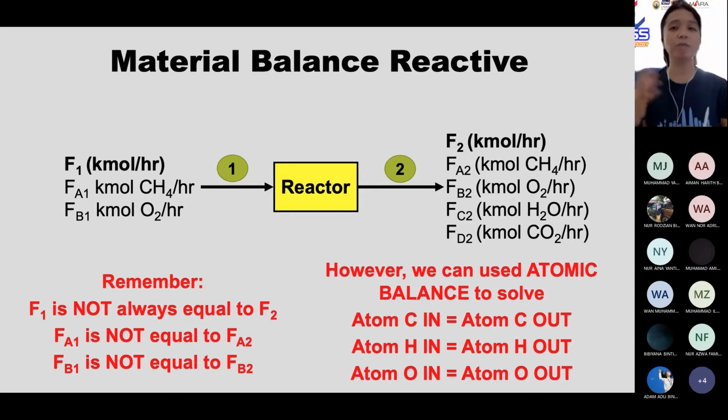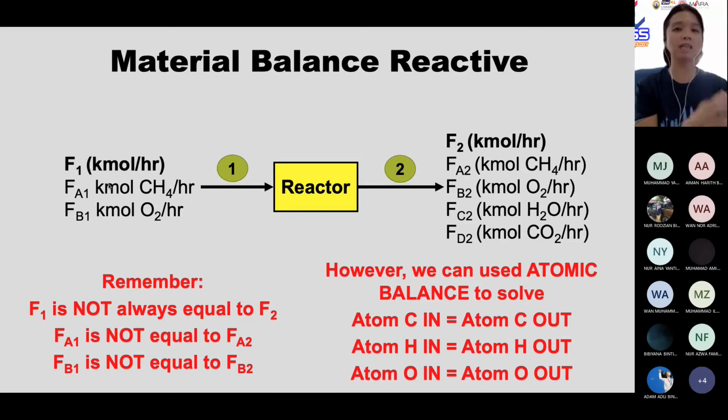Why? Imagine in a reactive process with a reaction, let's say you have two reactants, A and B. But in the example in the slide, your reactants are methane and oxygen. Say you know 100 methane and 100 oxygen enter, in moles per hour. But the outlet methane and oxygen after entering a reactor is no longer 100.